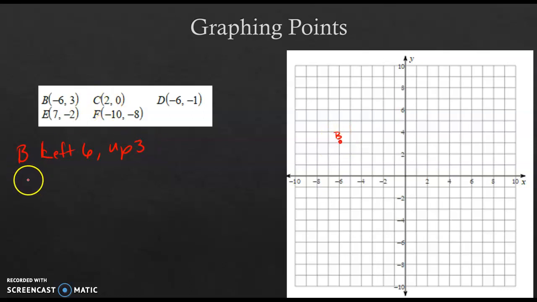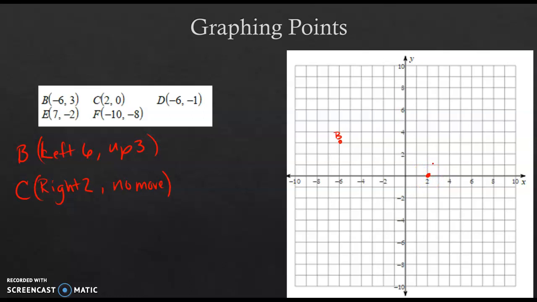And then when we look at point C, it's a positive in the x value, so that's a right. So we're going to go right 2. And then we have a 0, so we don't move for our y value. So I'm going to go right 2 from the origin, 1, 2.